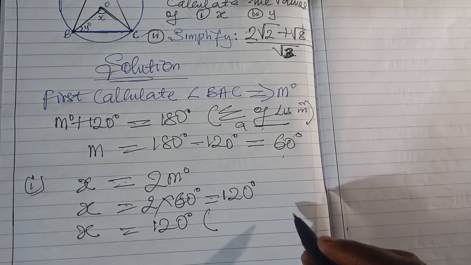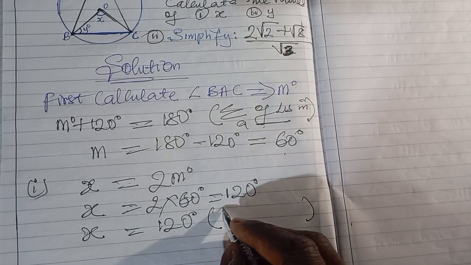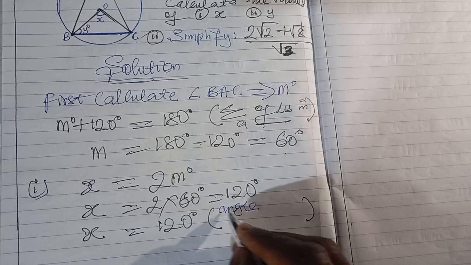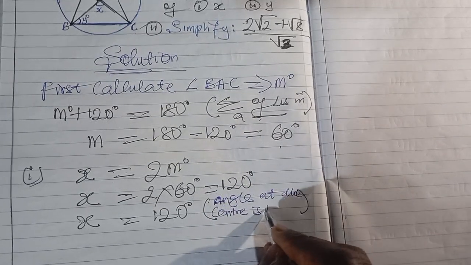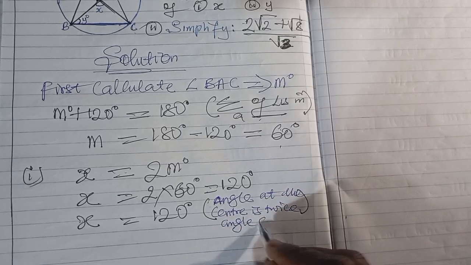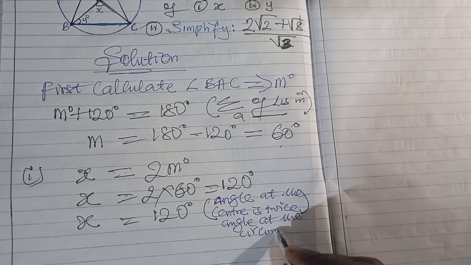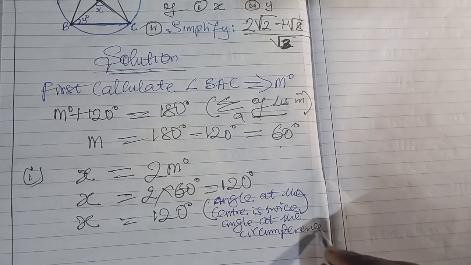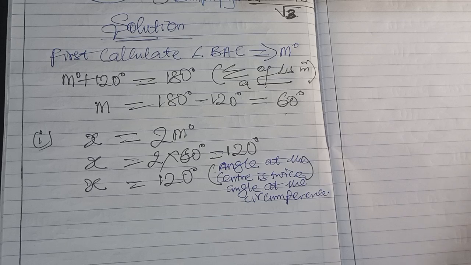Our reason for this is that the angle at the center is twice the angle at the circumference. So x equals 120 degrees.